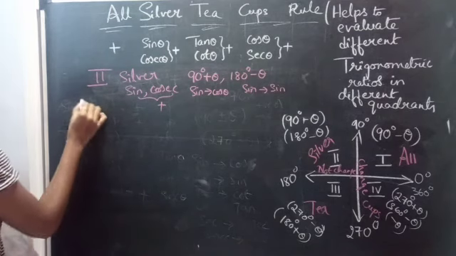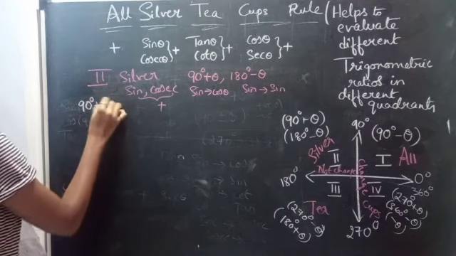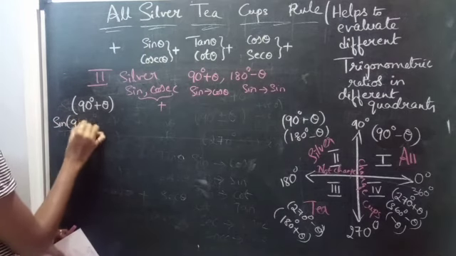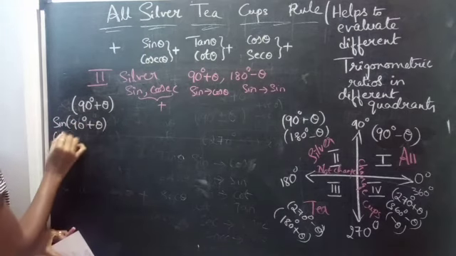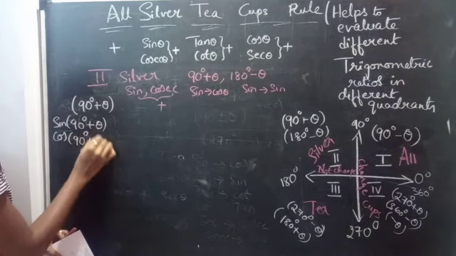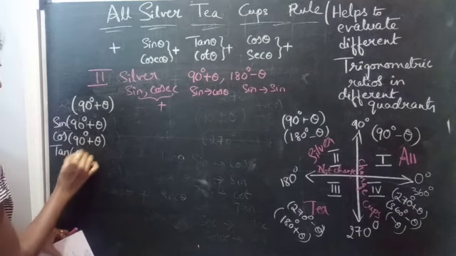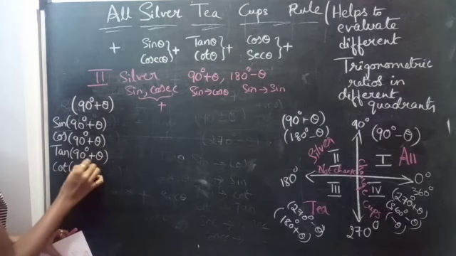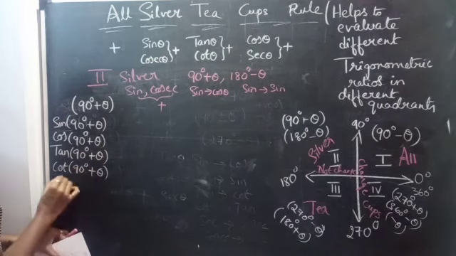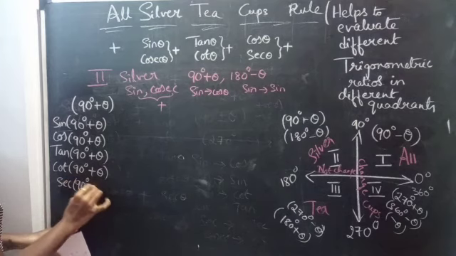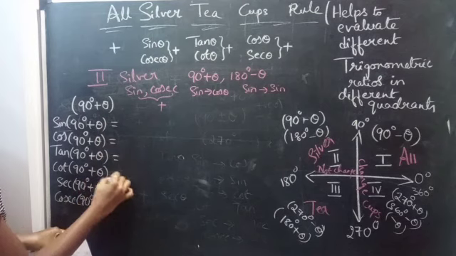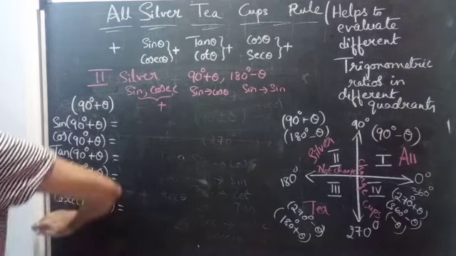So let's see for 90 degrees plus theta. Sine 90 degrees plus theta, cos 90 degrees plus theta, tan 90 degrees plus theta, cot 90 degrees plus theta, secant 90 degrees plus theta, cosecant 90 degrees plus theta, which is equal to, since this is for 90, so trigonometric functions will change.